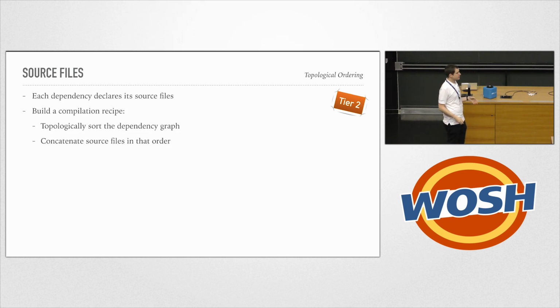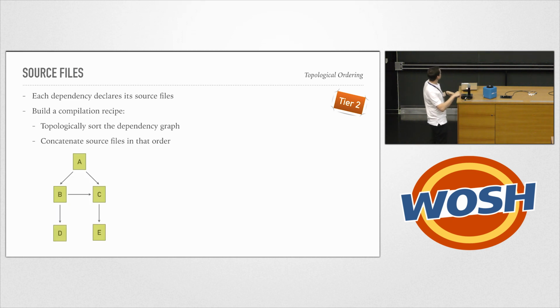What we can do based on that information is actually build a compilation recipe, which is kind of tool agnostic, because chances are that there's some order dependency inside the source files, which you need to maintain to feed the tools. So we can take the dependency graph, which is resolved, do a topological sort over it, and then concatenate all the source files in order.